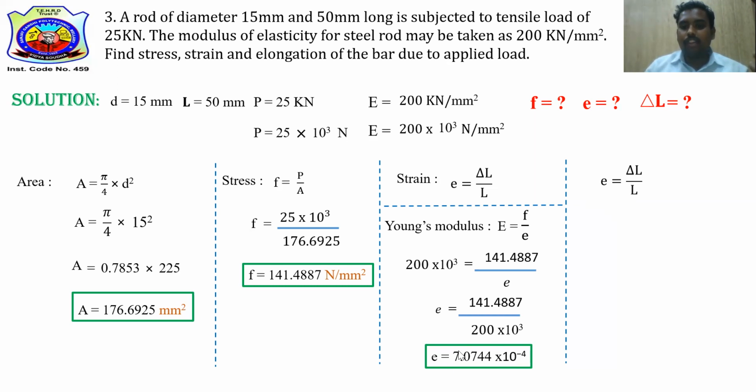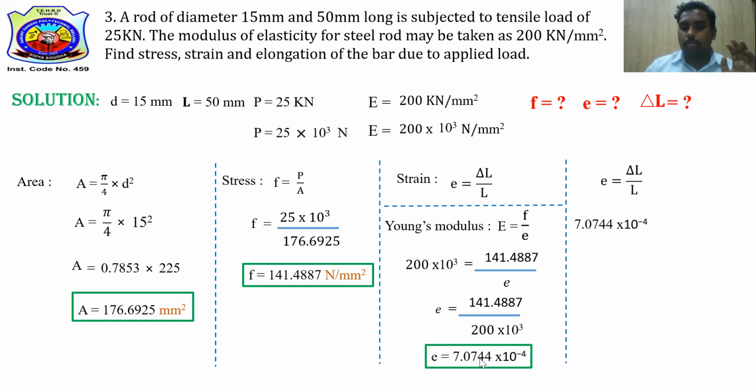So it is no more an unknown value, it is a known value. Delta L is the only unknown, and L we know. So we have one unknown value and we can go ahead with solving.